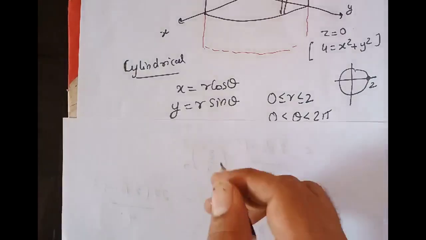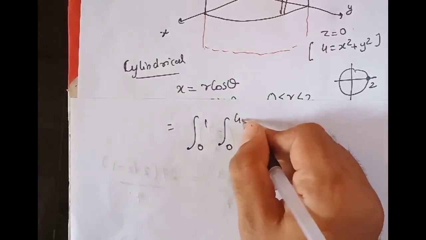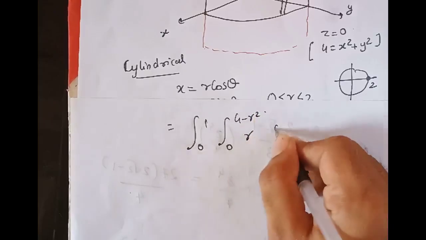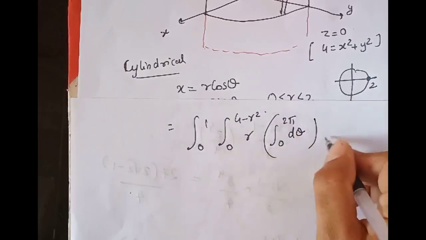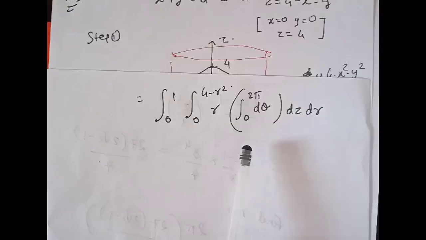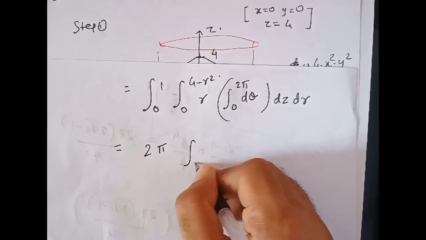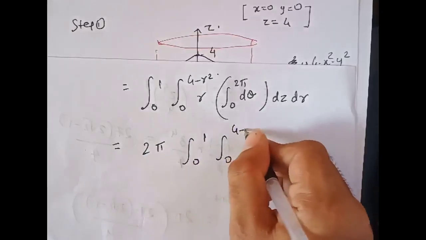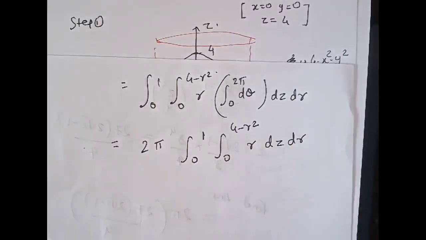So finally what we get is the integration 0 to 1, 0 to 4 minus r square, into r, 0 to 2 pi, d theta dz dr, right? So the answer of this integral is 2 pi times the integration 0 to 1, 0 to 4 minus r square, r dz dr, right?